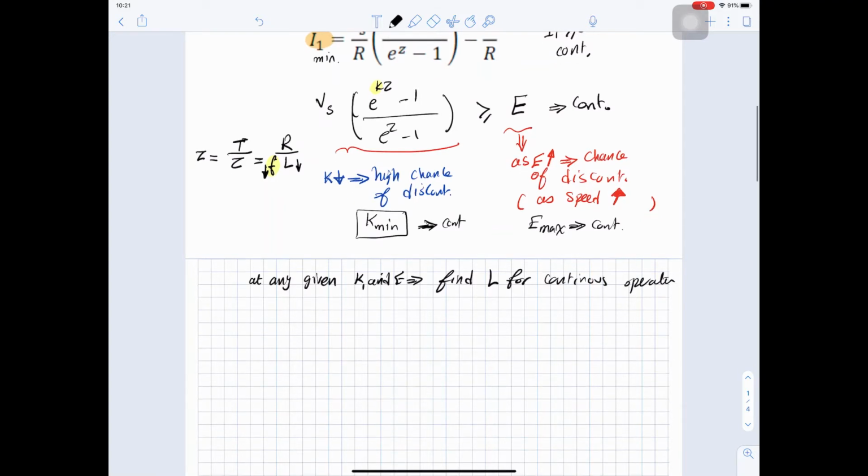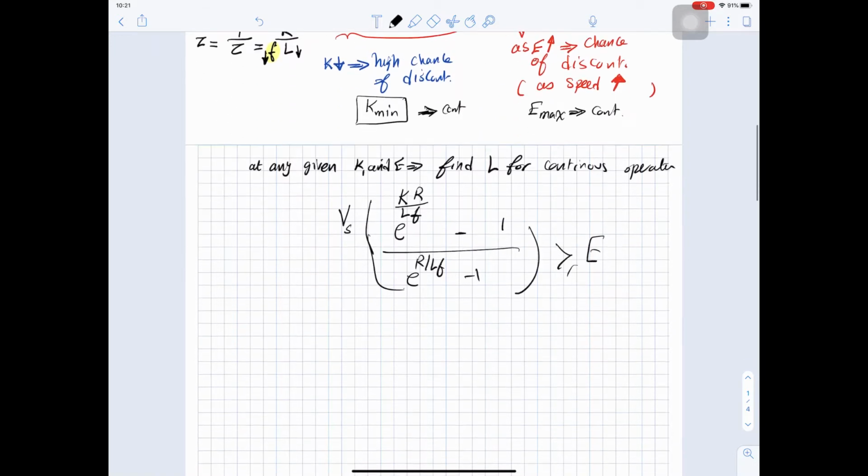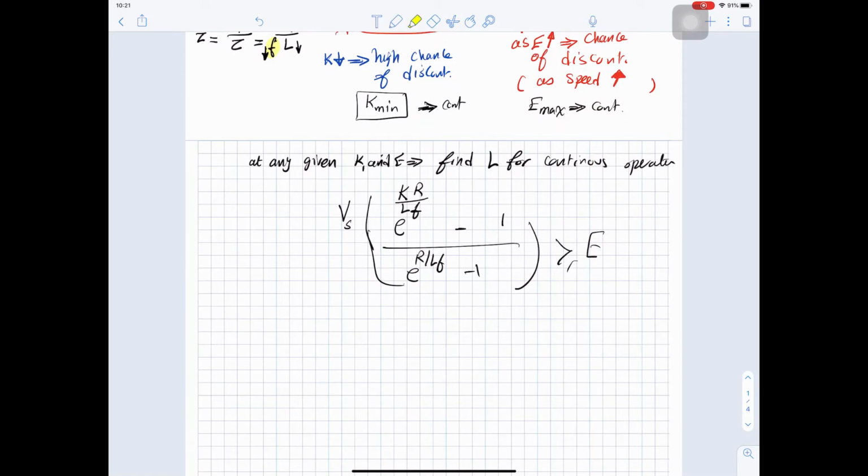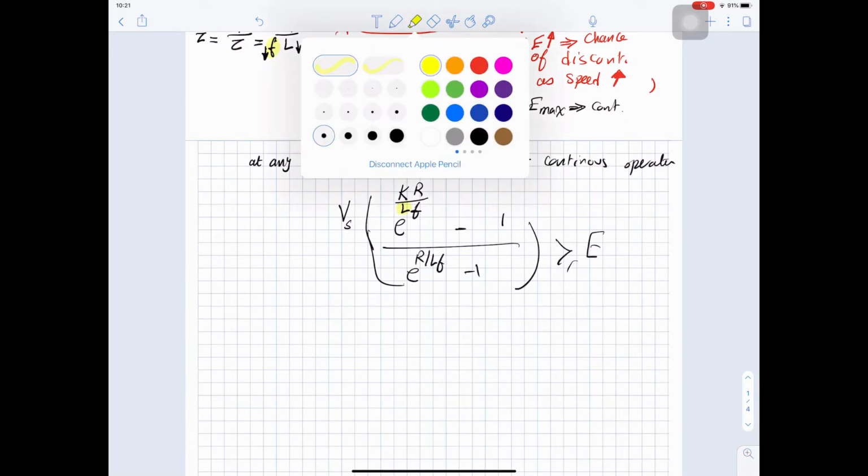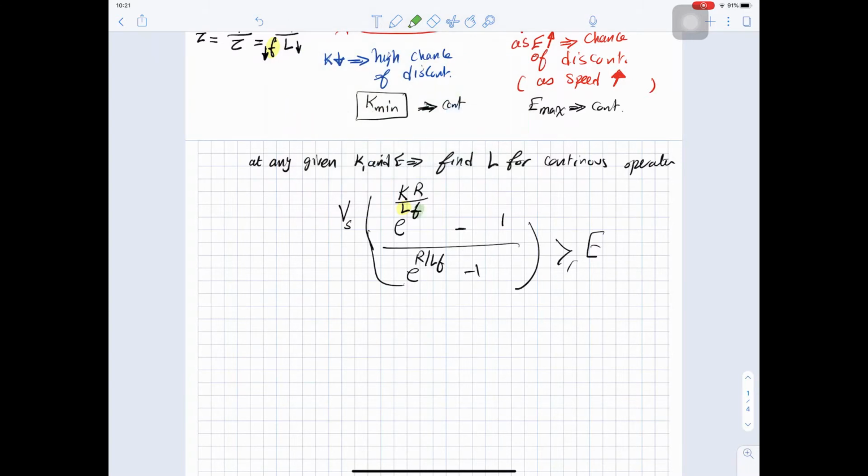So if you look at this equation, we have V source times (e^(kz) minus 1) divided by (e^z minus 1) is greater than or equal to E, where Z is R divided by L F. So as you can see here, you can find the inductance if you are given the frequency, K and E. So this is the variable in the equation.